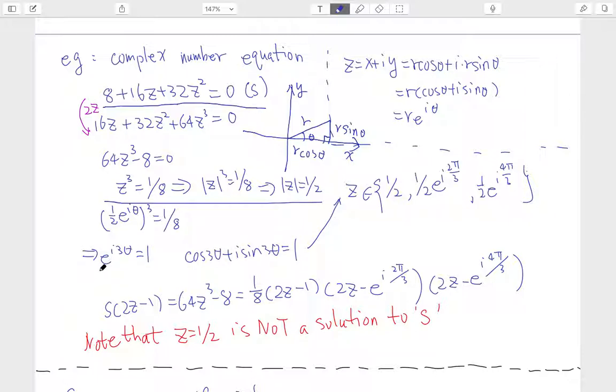And then you just apply the existing formulas, and then you find the corresponding angles. For example, you know cosine of 0 is equal to 1, whereas sine of 0 is 0. That's how we find these angles. And you can then work out what values this z can take.